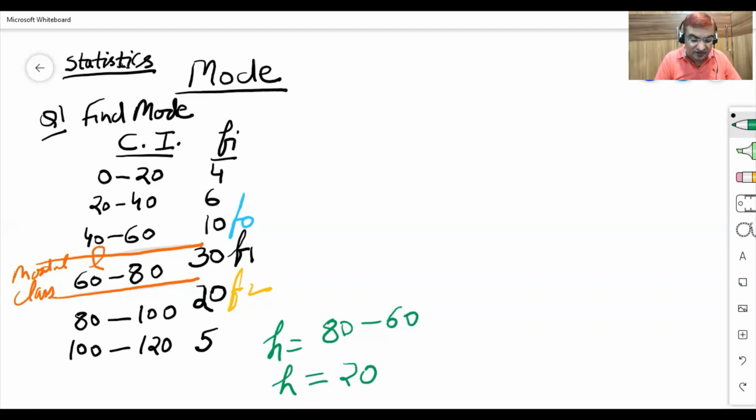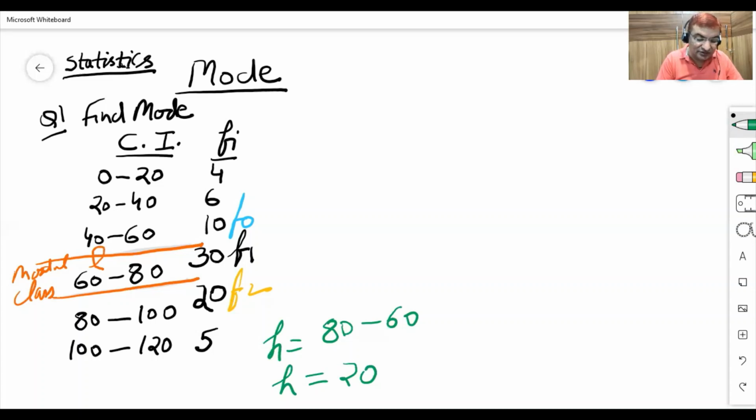So students, in all we have learned 5 values for the formula of mode. 5 values हैं which are required. The values are F1, F0, F2, L and H. I am repeating again. The highest frequency is known as F1. The frequency prior to it is called F0. The next to F1 is F2. These are the 3 values.